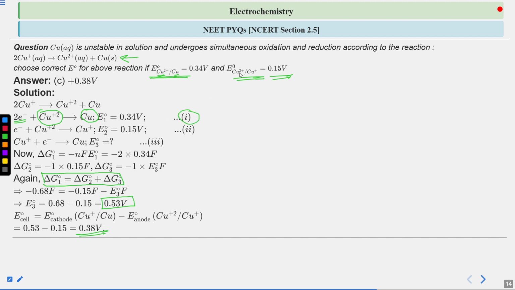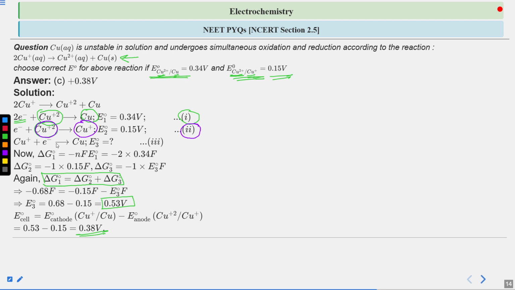Now copper 2 positive is going to copper positive. So copper 2 positive, let me use the purple color, is becoming copper positive. Its E0 is already given, and we are calling it the second equation.